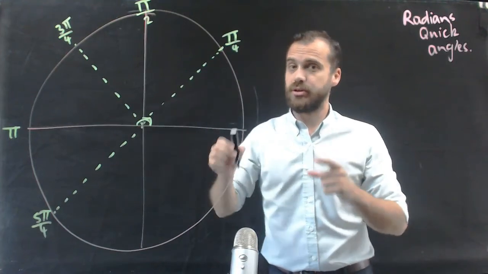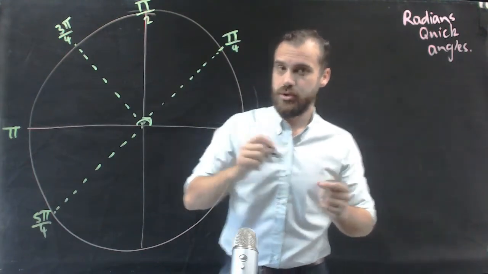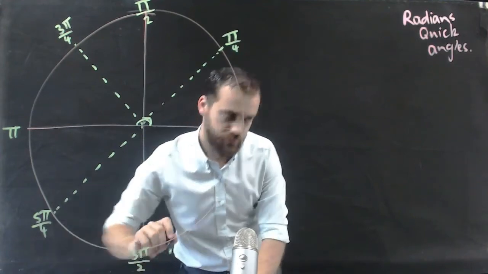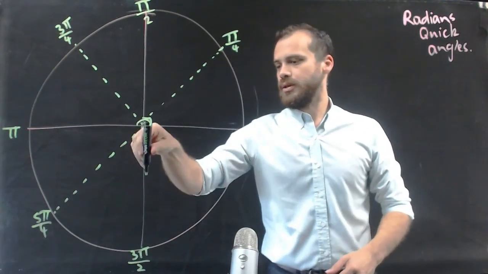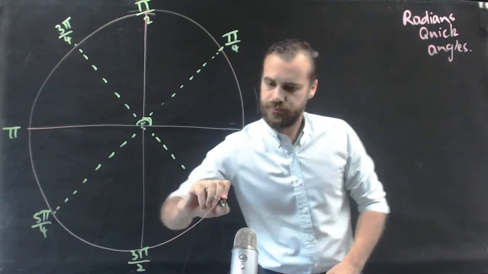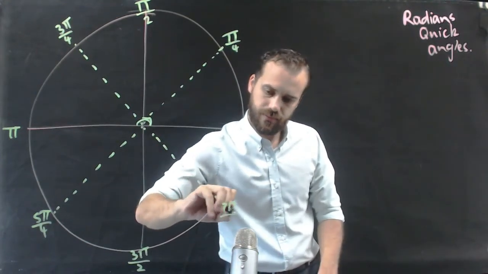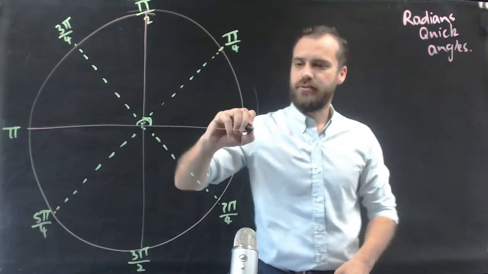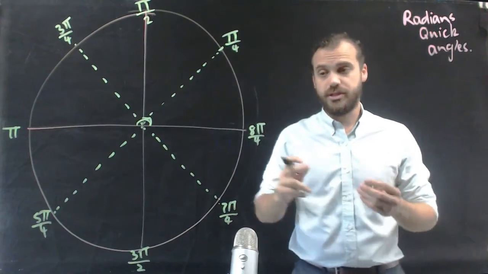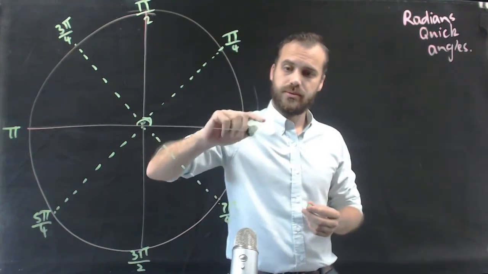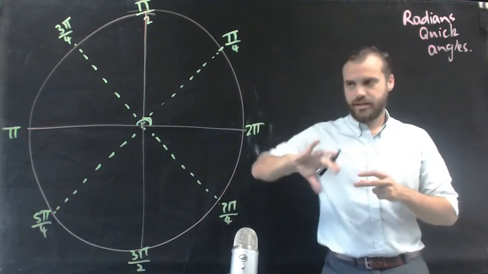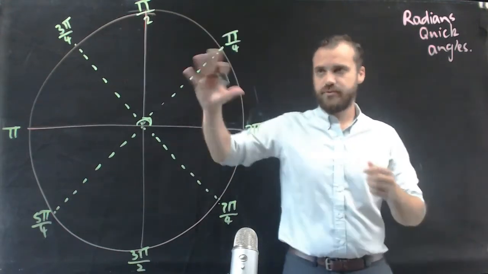Now if you simplify 6 pi on 4, you get 3 pi on 2. 7 pi on 4. And finally, 8 pi on 4, which is just 2 pi.